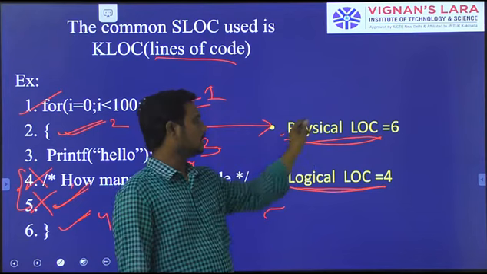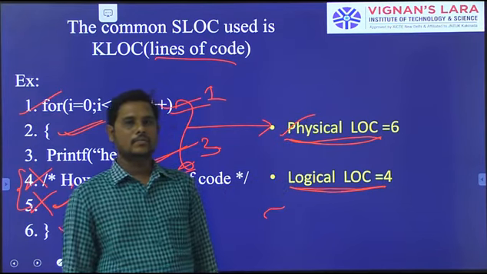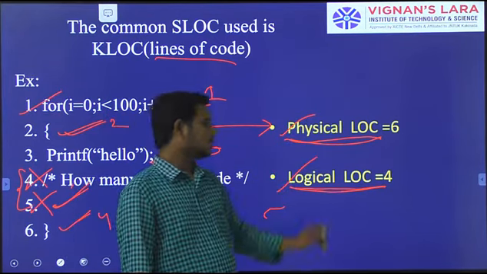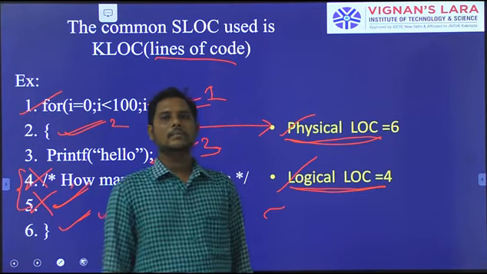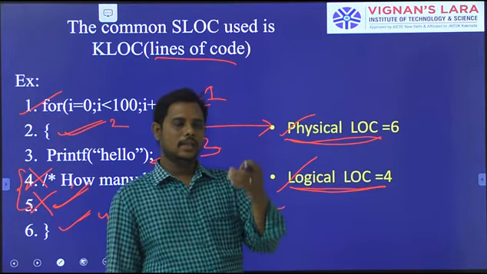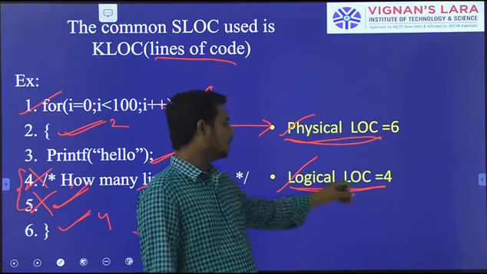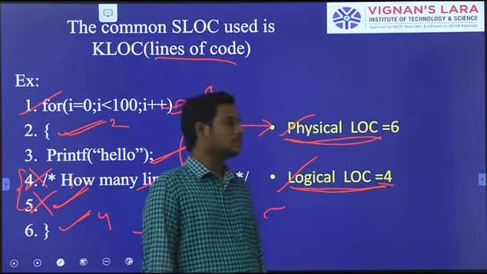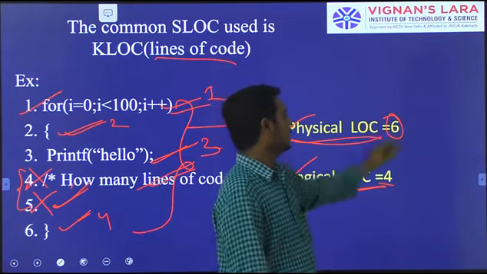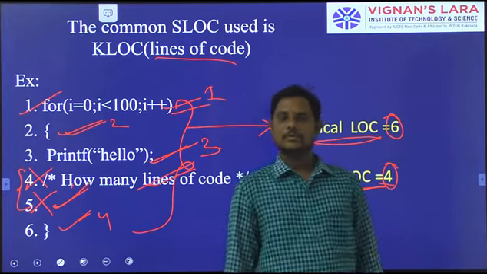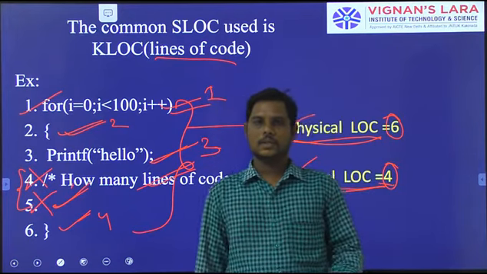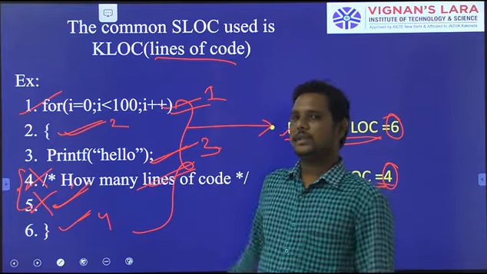Unused data is also considered in physical lines of code. Whereas in logical SLOC, only the statements the compiler will execute are considered to calculate the lines of code. So here 6 lines, here 4 lines. Depending on our situation and our cost, we consider either, no problem.